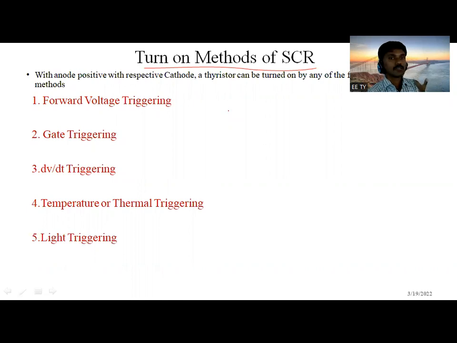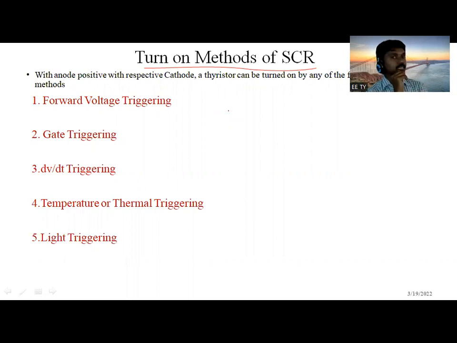Yes. If anyone asks whether there are any other methods for turning on the SCR rather than gate turn on, simply you have to say the answer yes. Other than the gate turn on method, we have four more methods to turn on the SCR. What are those?